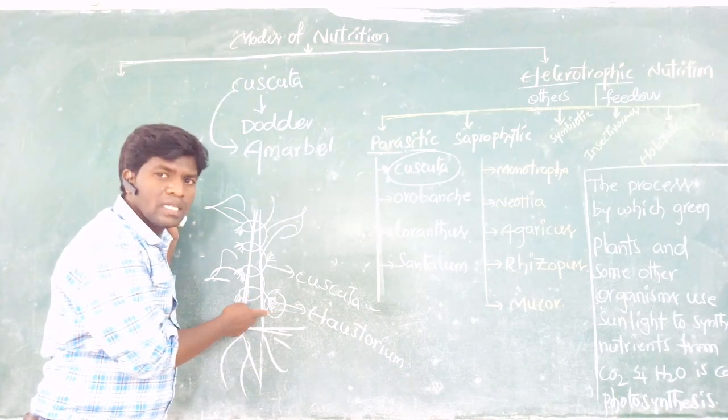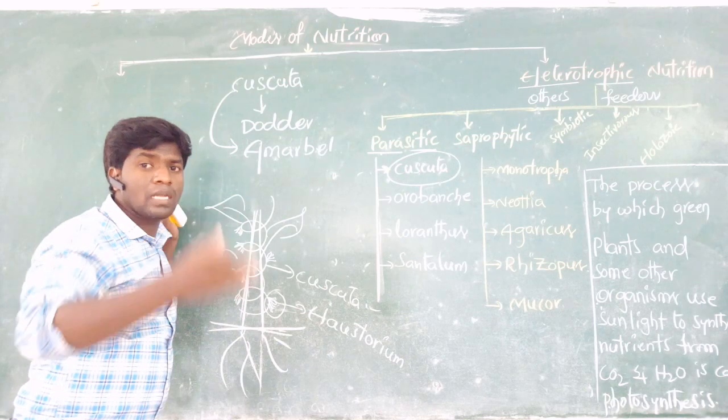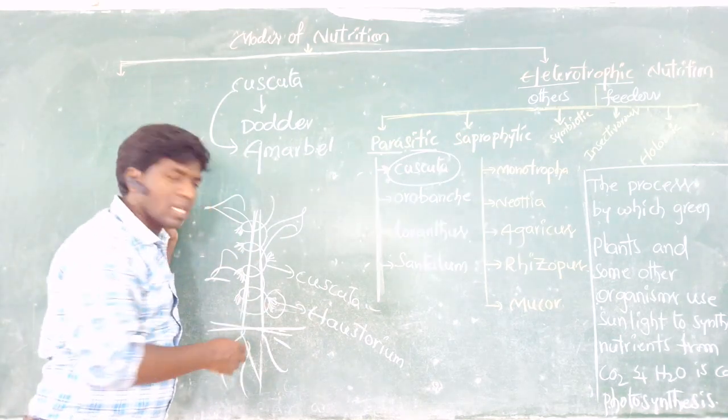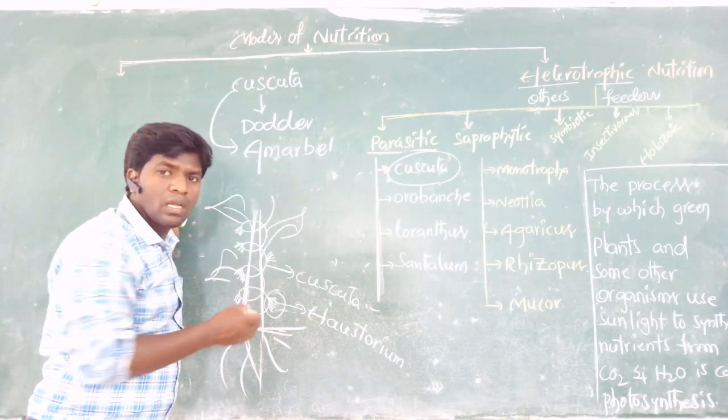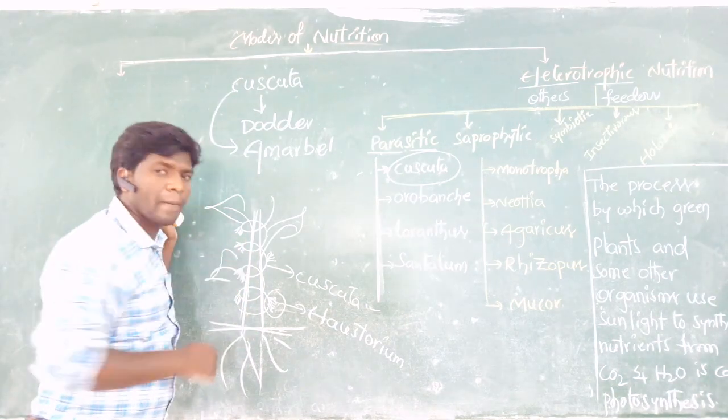These haustoria structures help this plant to climb up another plant. They help the Cuscuta absorb food materials from the host plant.